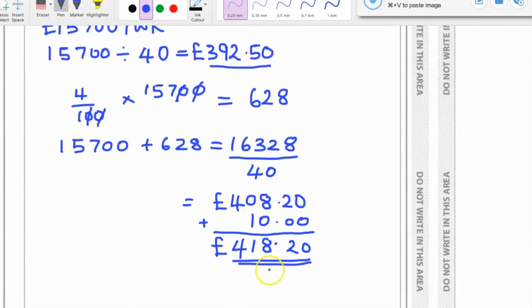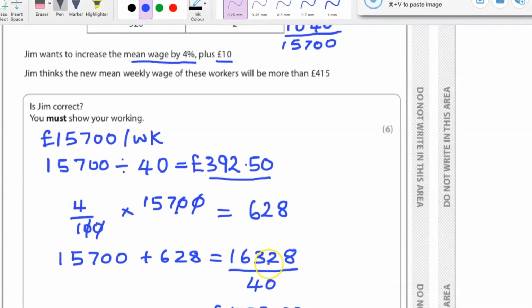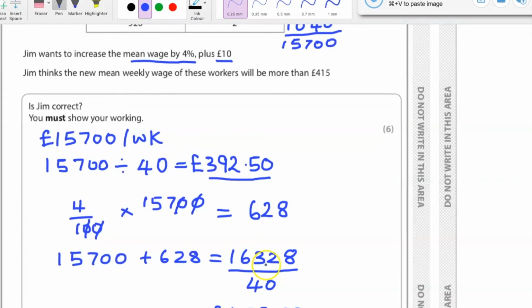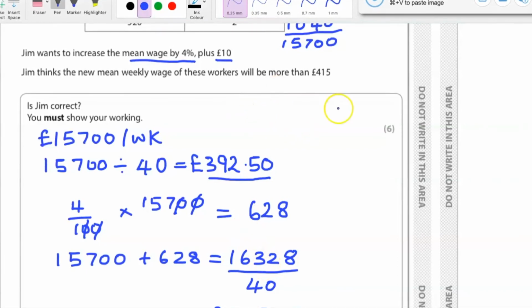Now, let's go back to Jim's statement. Jim thinks the new mean weekly wage of these workers will be more than 415.